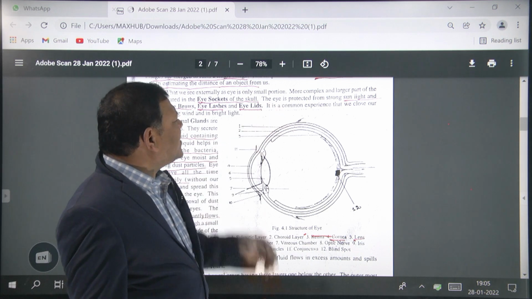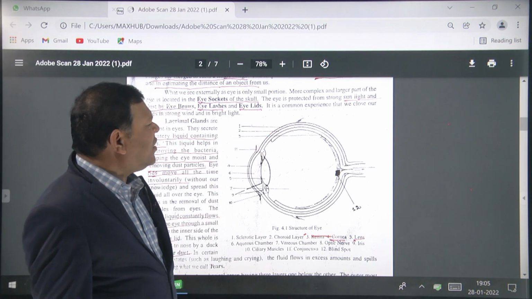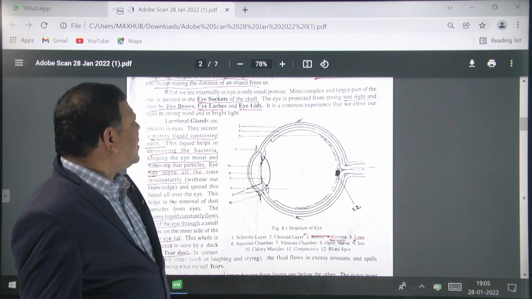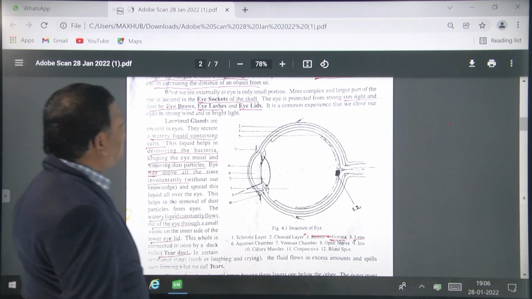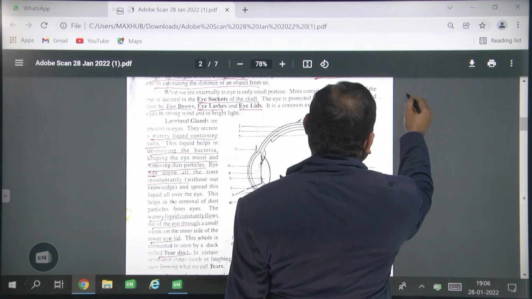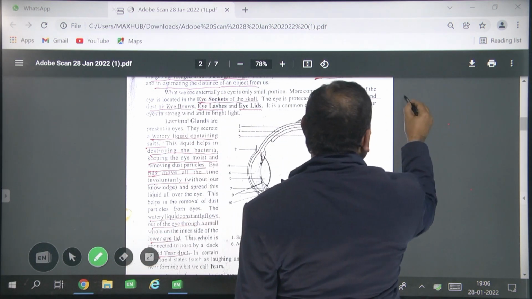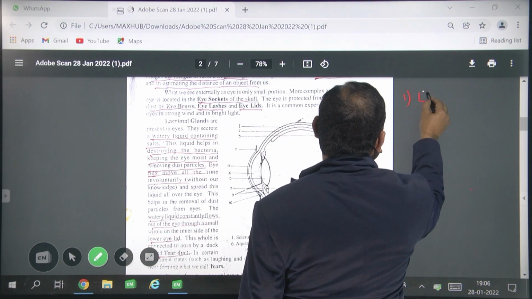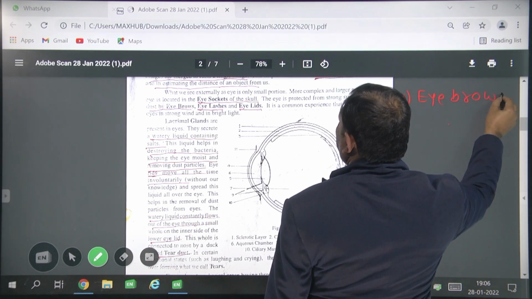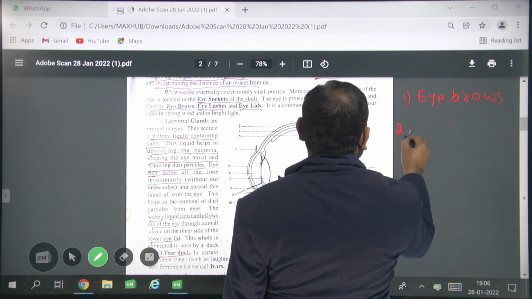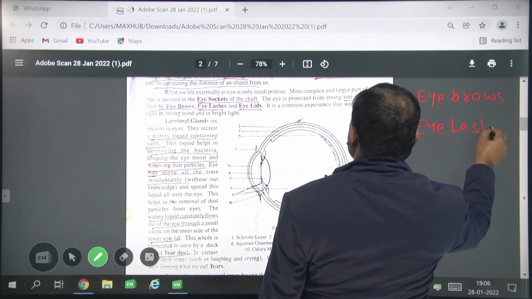The eye is protected from, for example, sunlight and storms. Generally, who protects the eye? First one is the eyebrows. Second one, eyelashes.